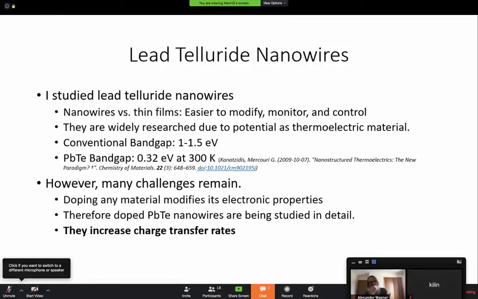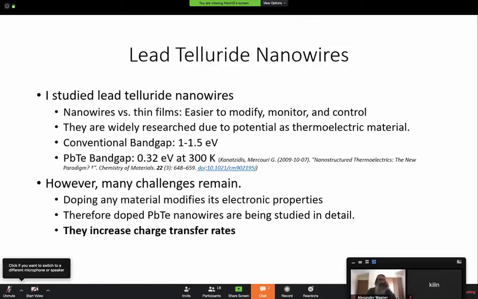Why don't we use them? Simply because researchers have found that with nanowires, they're easier to modify, monitor, and control. So, for instance, if you wanted to modify the electronic structure or the atomic structure, which specifically means taking some atoms out and putting new ones in.